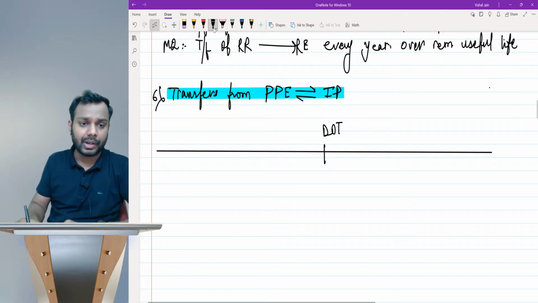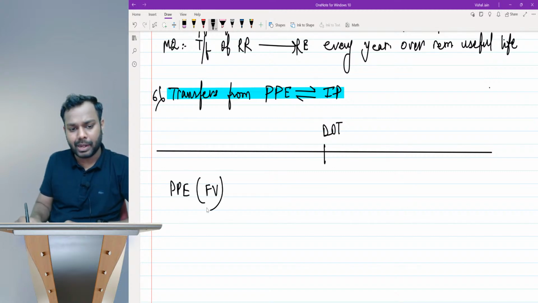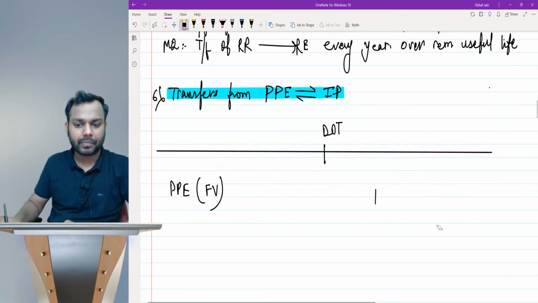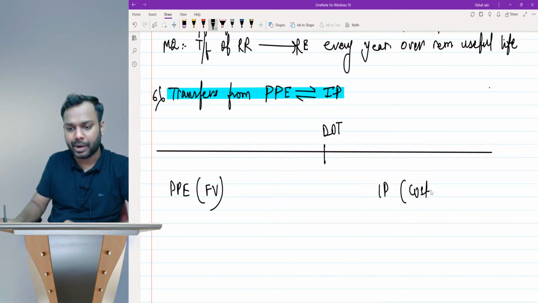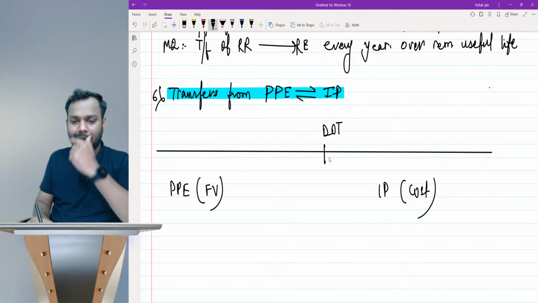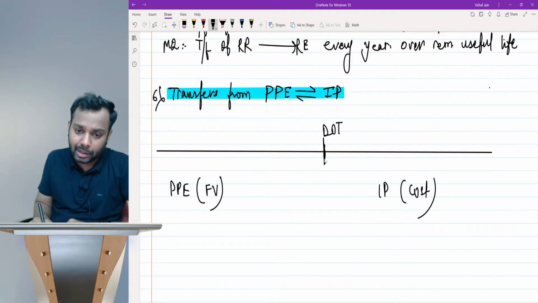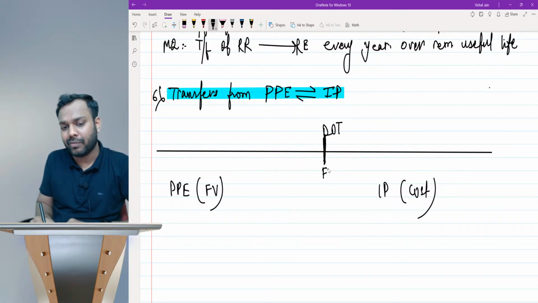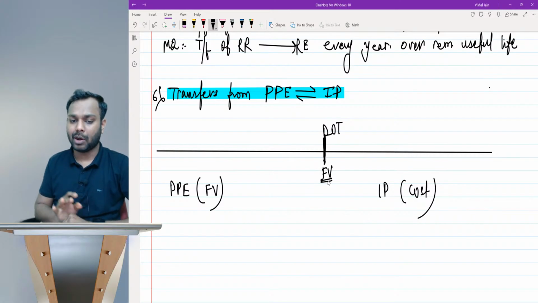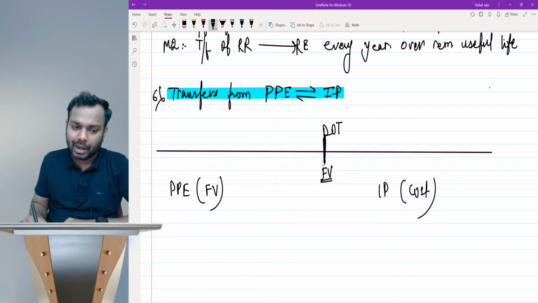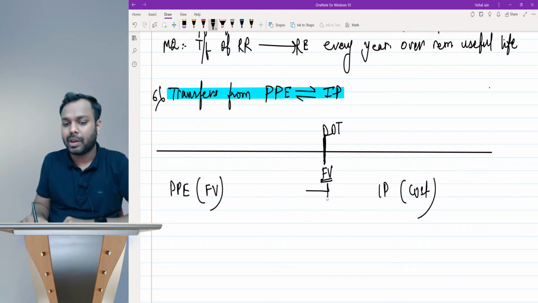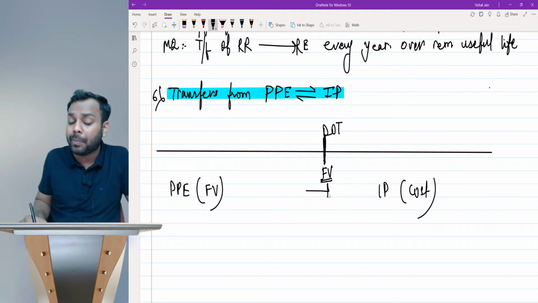Now let's suppose you are transferring from PPE at fair value model to IP at cost model. Then how will you transfer that? It says that whatever is the fair value on this date, the entity will do the fair valuation till here, and it will treat it as per the old policy.